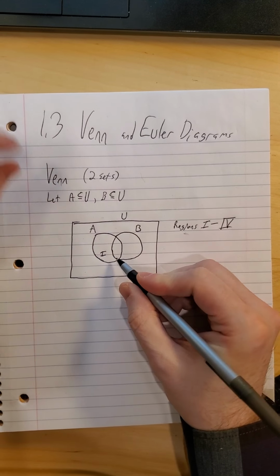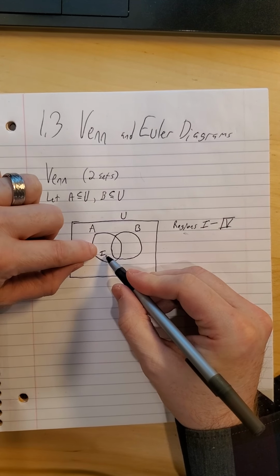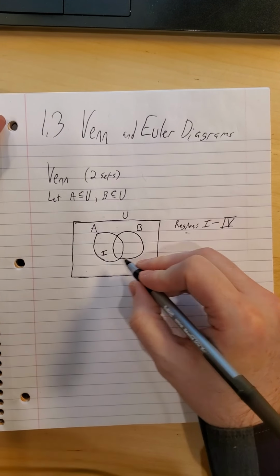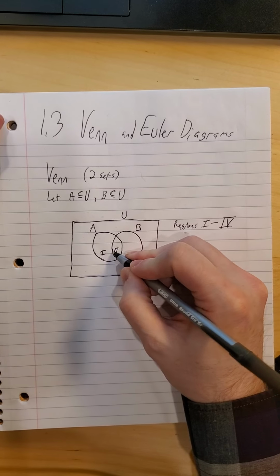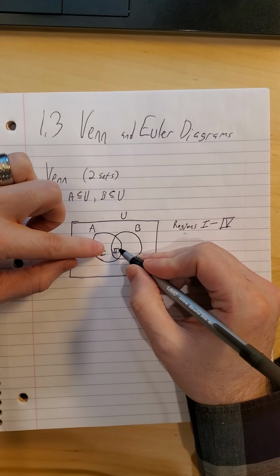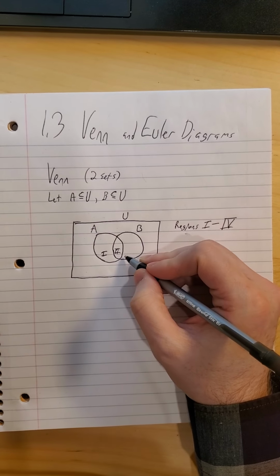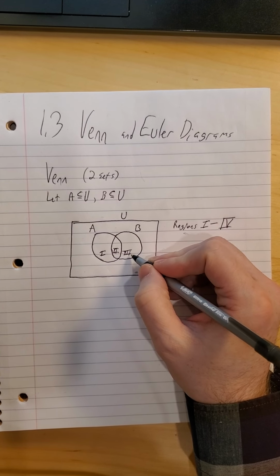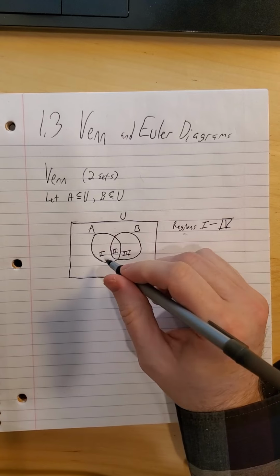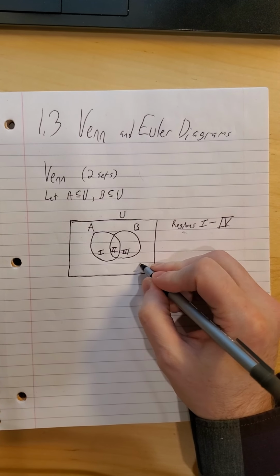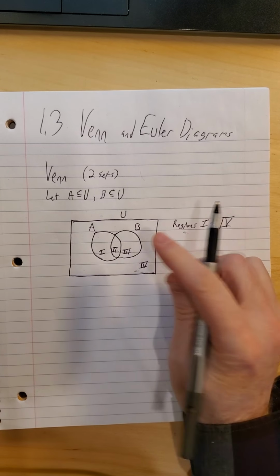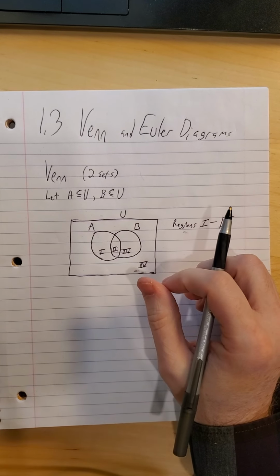So region 1 would be elements that are in A but not in B. Region 2, elements that are in both set A and in set B. Region 3, similar to region 1, except now the elements are in B but not in A. And then region 4, that would be something from the universal set that was not covered in the 2 original sets.